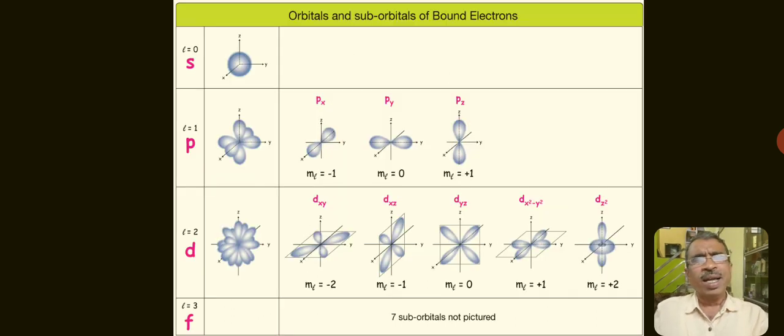This is a slide showing the various shapes of the orbitals and their diagrams. S orbital is spherical in shape, and px, py, pz orbitals are dumbbell in shape, and the d orbitals have a double dumbbell shape. Among the 5, 3 are in between the axes and 2 are on the axis.